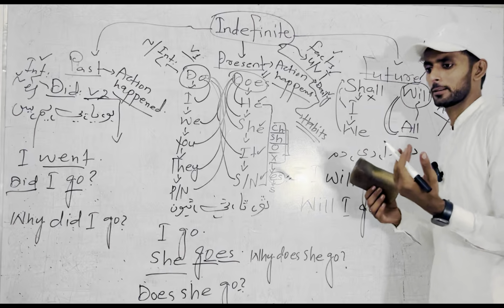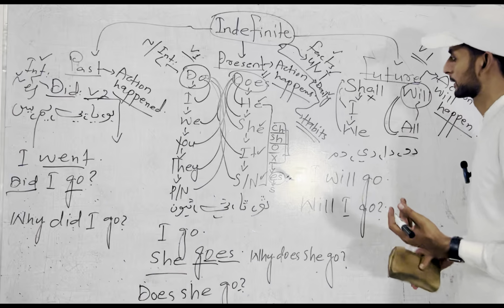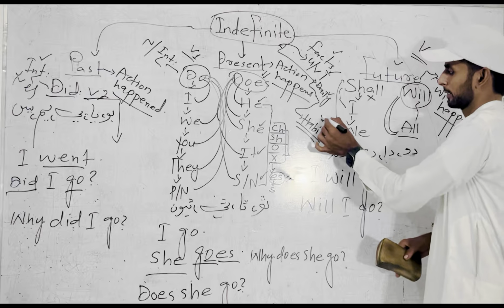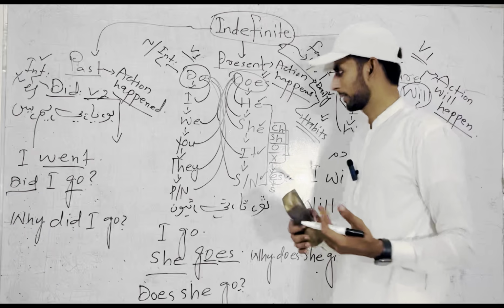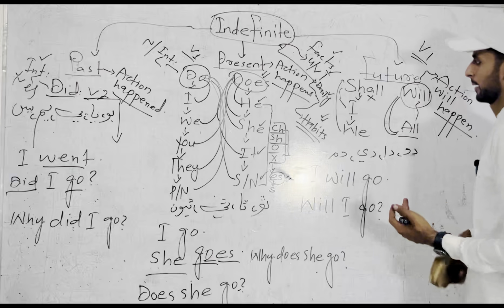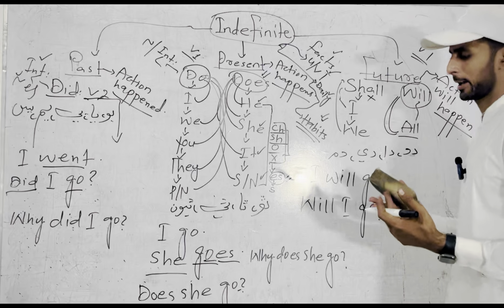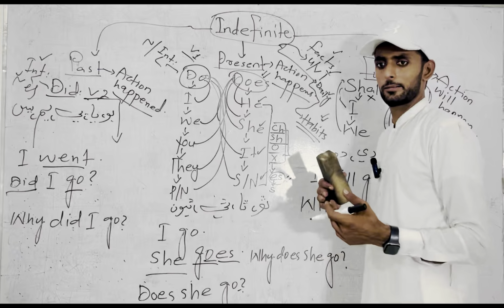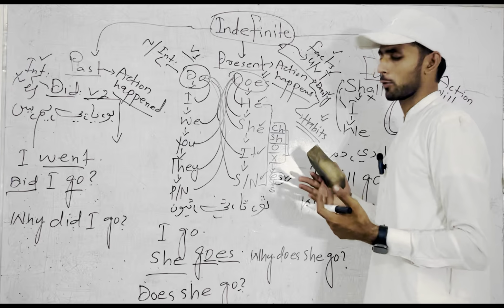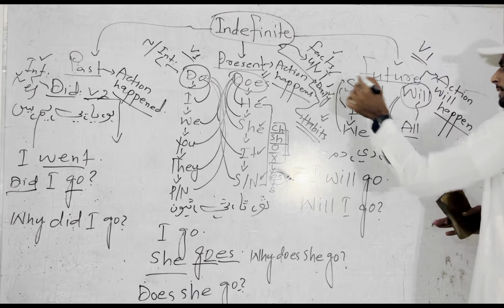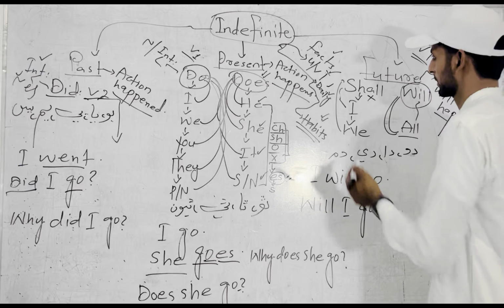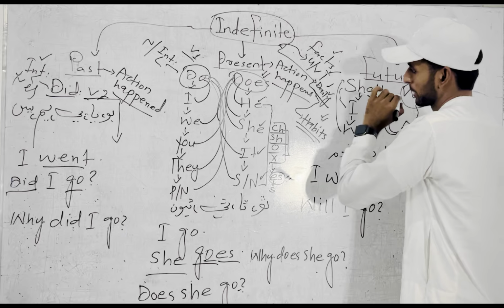Universal truths like God helps those who help themselves, and habits like he plays cricket on every weekend. This is a habit. And the daily routine: I get up early in the morning and I take a shower. I go to school. I teach English. Likewise, these are daily habits, daily routines. You can say I haven't mentioned the routine words here.